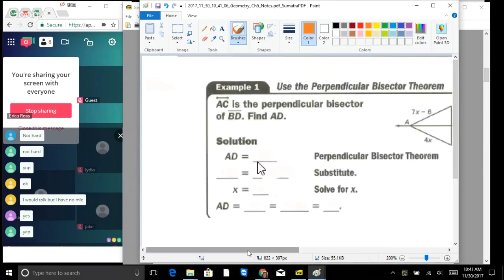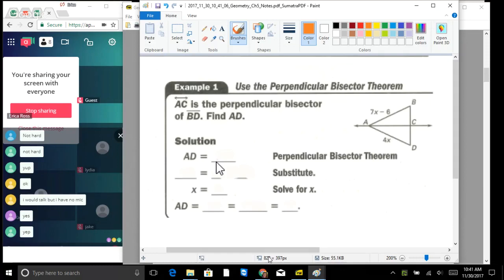Line AC is the perpendicular bisector of BD. So AC is the perpendicular bisector of BD. Okay, find AD. So they want us to actually find one of these lengths over here. They want us to find AD.